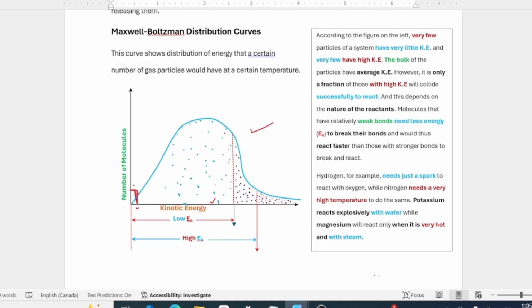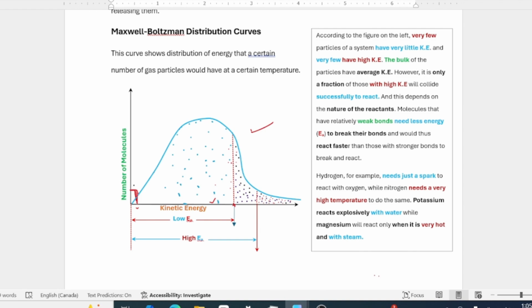So, for those molecules that have relatively weak bonds to break, they will have low energy of activation. So only that amount of kinetic energy, for example, is needed to break their bonds. So if you look at this point here, all those molecules that are shaded in this area here under the curve will react.